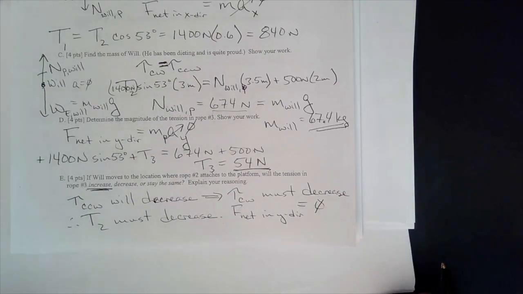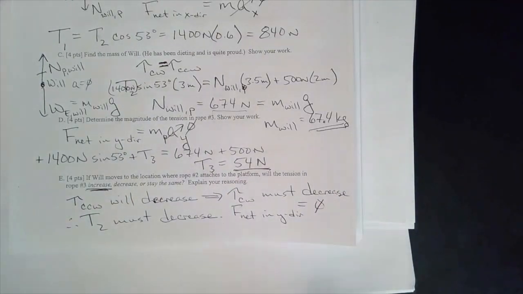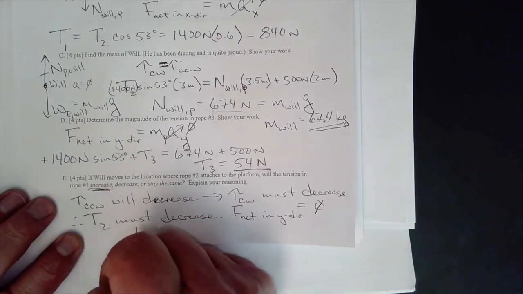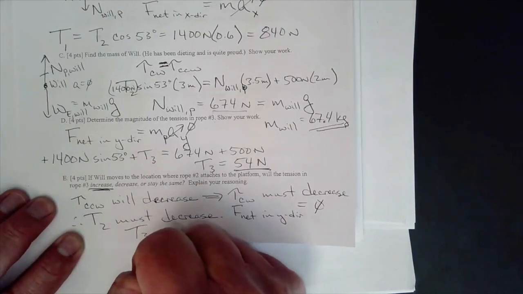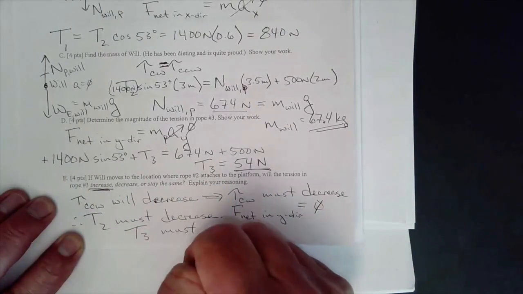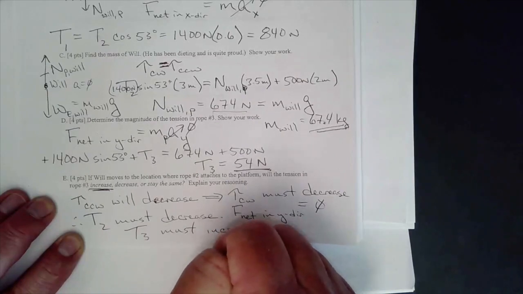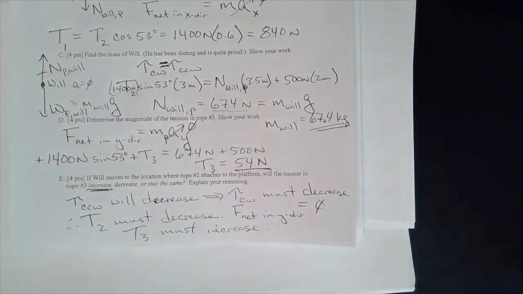I still got the weight of the beam. I still got the push by Will. And that's still going to add up to the same 1,174 newtons. And so that means if T2 is pulling up less, T3 must increase. Okay.